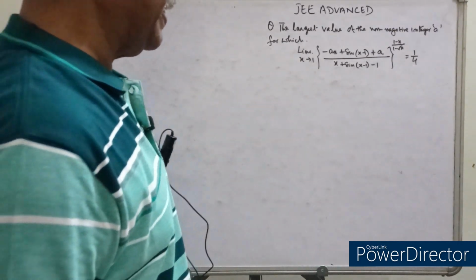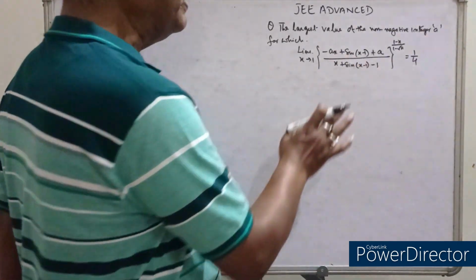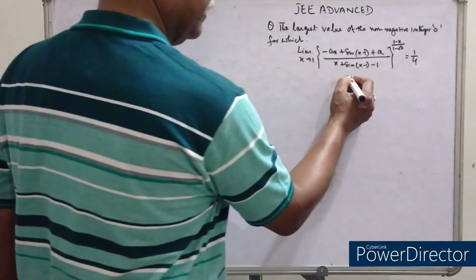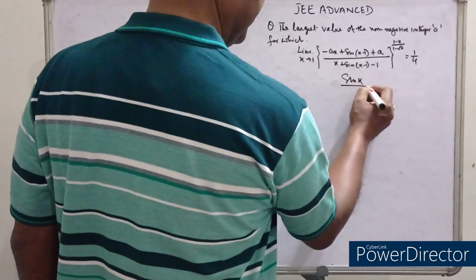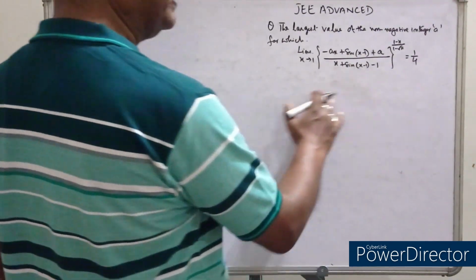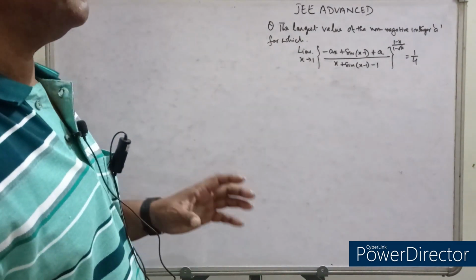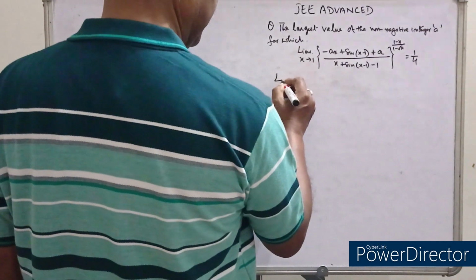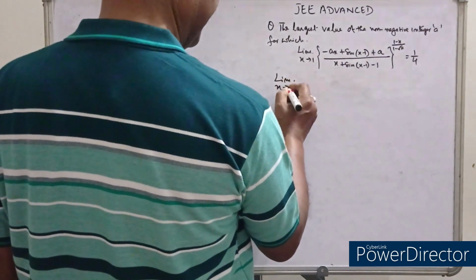So here, the only formula which can be applied in this question is sin x by x. This is the only formula you can apply here, and this is a very easy question. Only a slight setting is required. Here, limit x tends to 1.